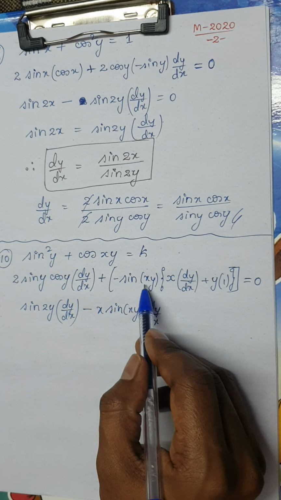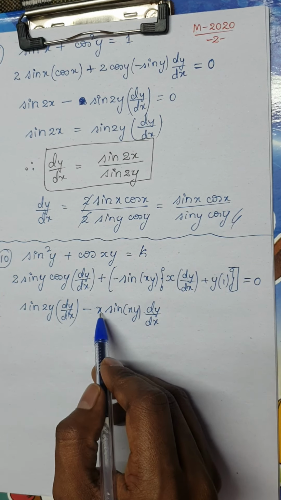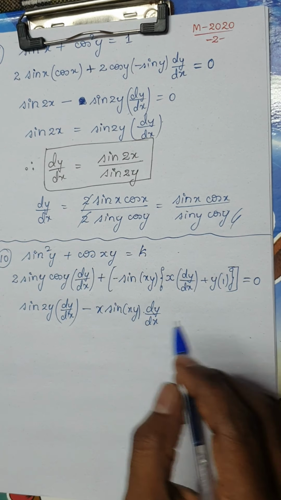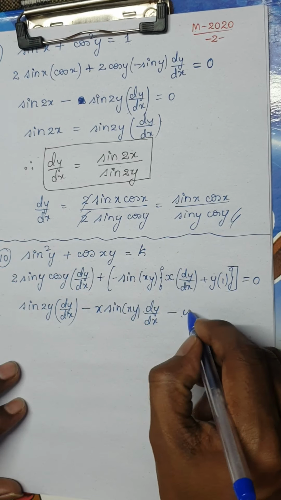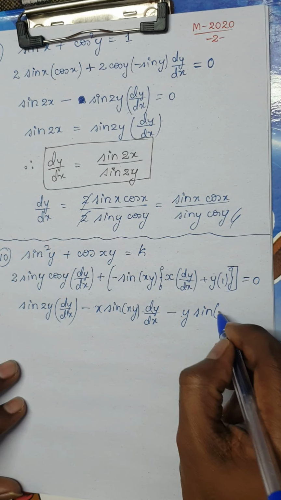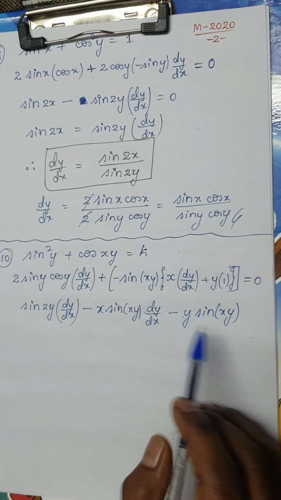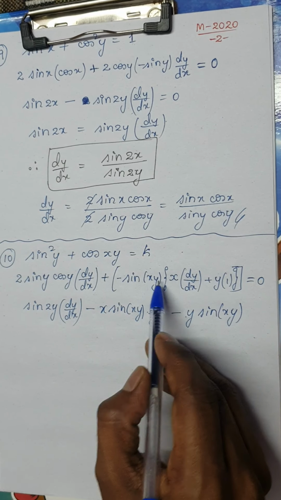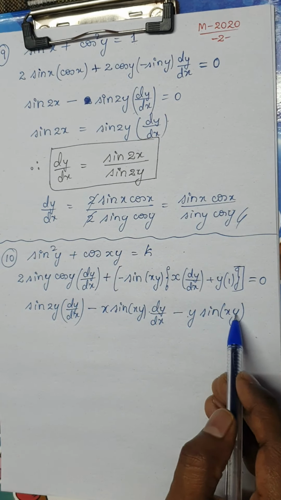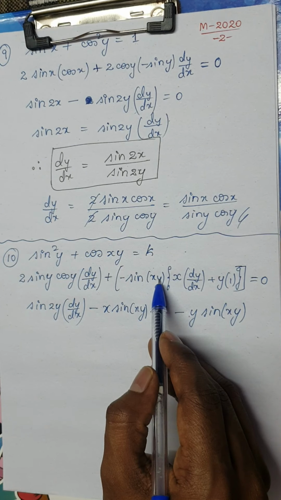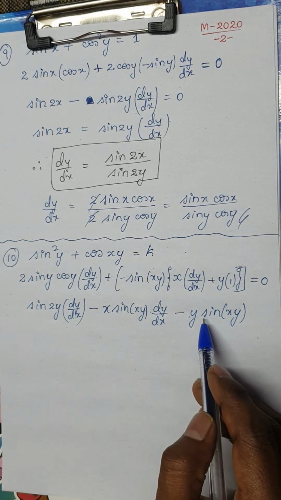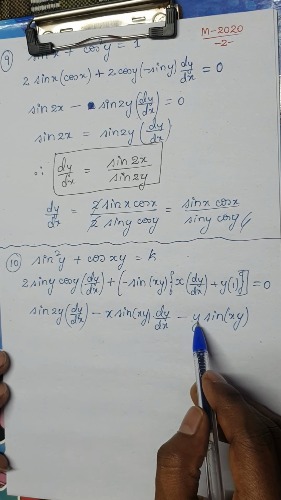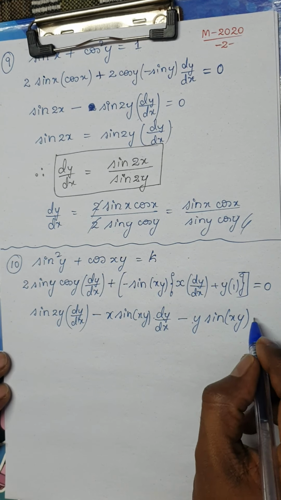So minus sine of xy into x I have multiplied here. I'll get x into dy by dx. Now minus into plus will be minus. I'll get y into sine of xy. Okay, don't make a mistake of multiplying y and writing sine of x into y square. No, because this y is an inside function. This y will be multiplied outside. Okay, so I'll get this is equal to 0.